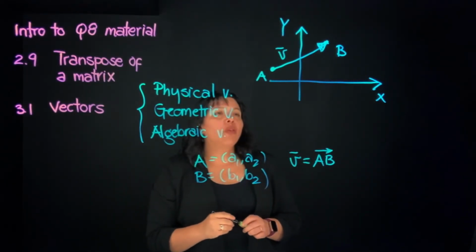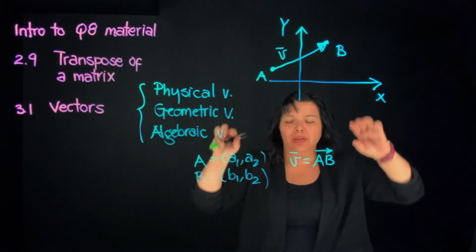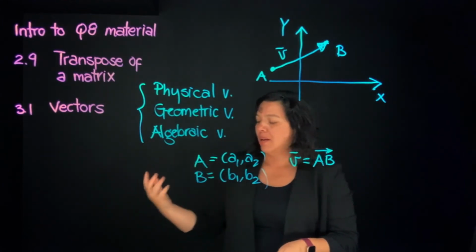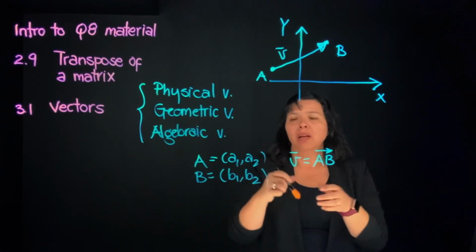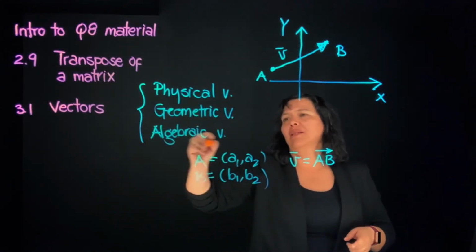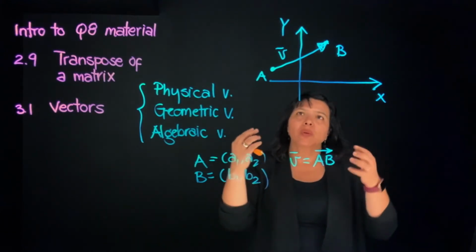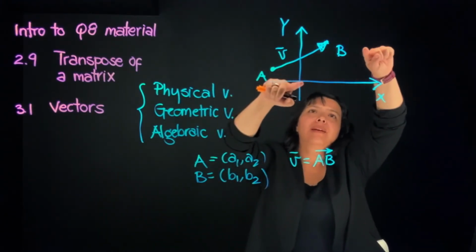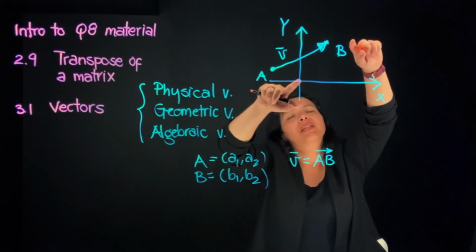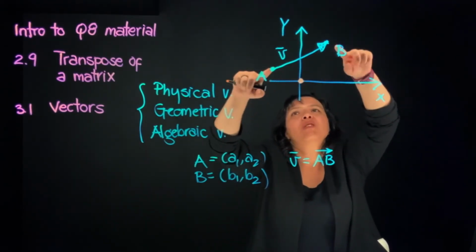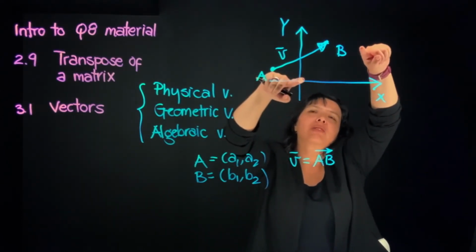To have a standard way of working with vectors, to add them and subtract them and do more computations with them, thinking in terms of the algebraic vectors, you typically want to think of your vector starting in the origin. So I'm going to move this, so A is going to be in the origin. Remember, two vectors are the same if they have the same direction and the same magnitude.